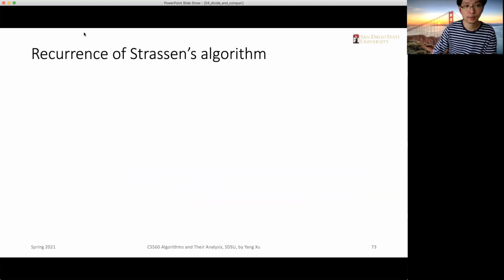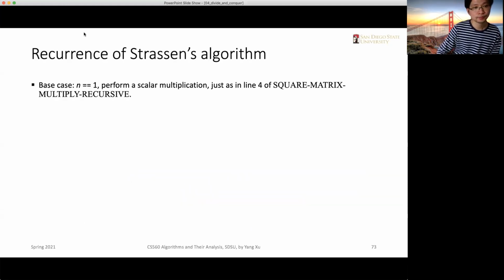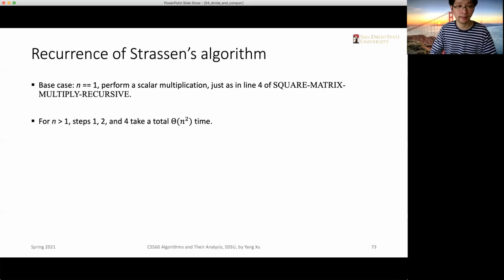Let's first look at the recurrence. In the base case, it's just the same as the direct divide and conquer approach, which is just a one scalar number multiplication.